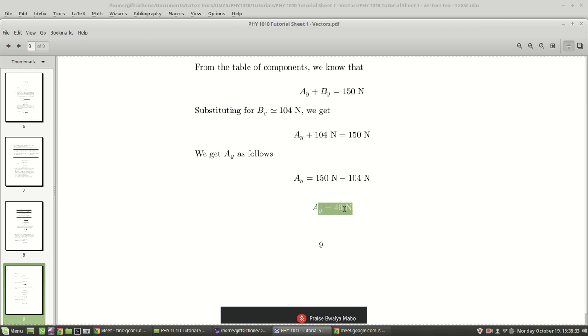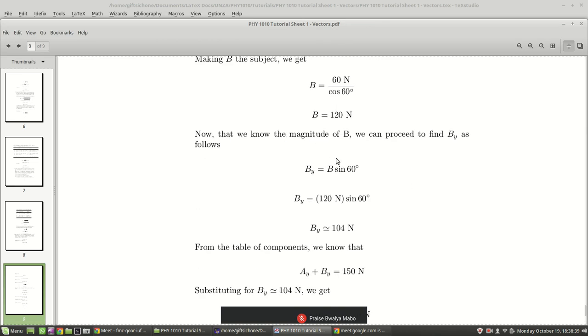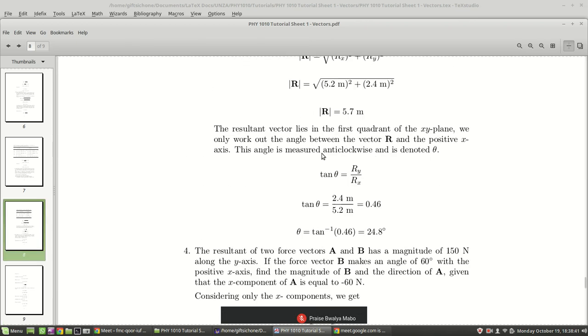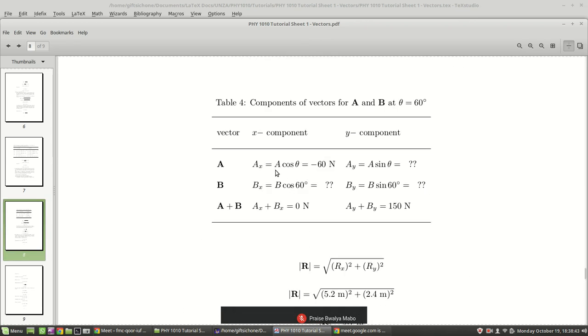It's positive, that is along the positive y-axis. Then Ax from the table is how much? Negative 60.